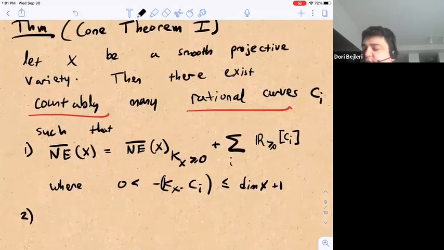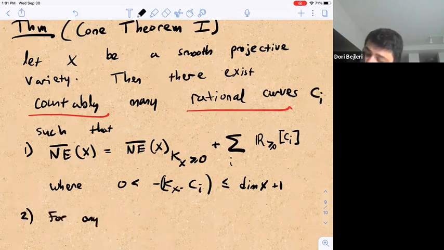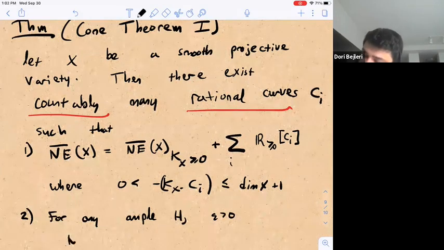And then 2: oftentimes you'd like for there to only be finitely many curves you have to work with. And 2 says that you can guarantee finiteness as soon as you perturb the canonical by any ample divisor. So for any ample H and any epsilon greater than 0, if we write down the same decomposition where we replace K_X with K_X plus an epsilon multiple of our ample, then we actually only need finitely many of these curves.